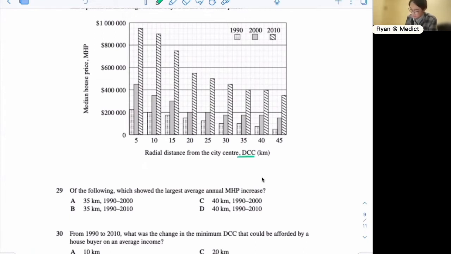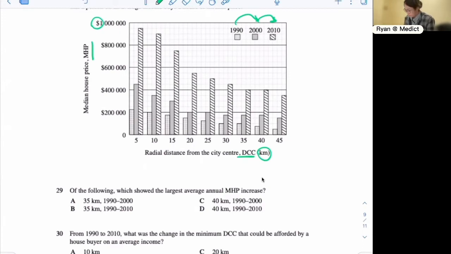On the y-axis, we have the MHP, and note that their respective units are dollars and kilometers. Another thing shows us different times: we have the 1990s, 2000, and 2010s, and those are represented by differently shaded rectangles.